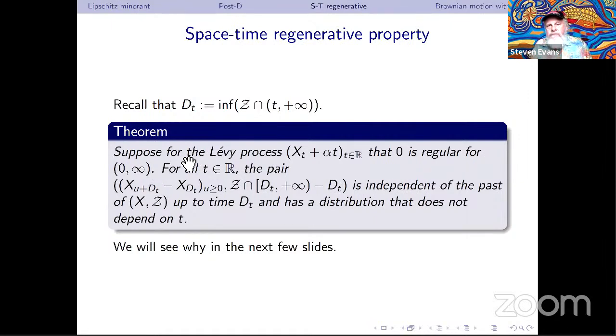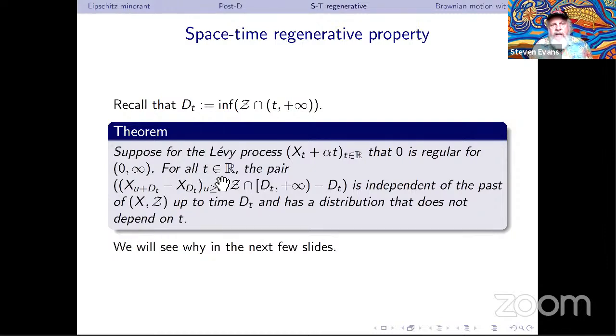And again, we'll have this assumption that the Lévy process X_t plus alpha t, remember X_t was a Lévy process, but X_t plus alpha t is also a Lévy process. Suppose that this guy is such that 0 is regular for (0, ∞).